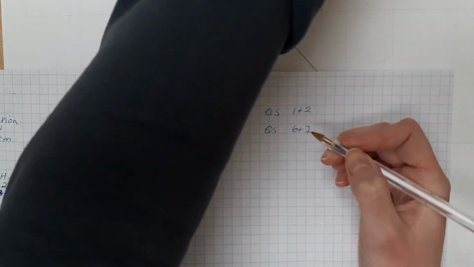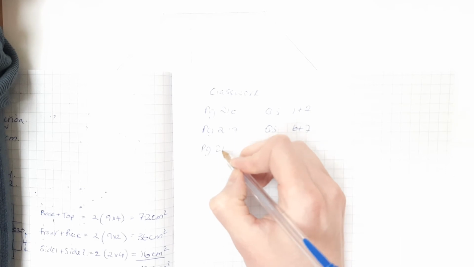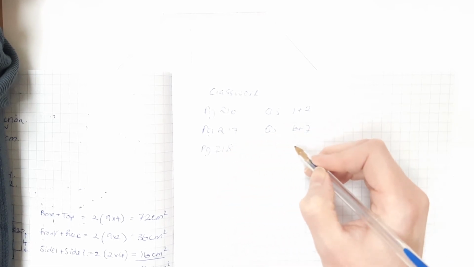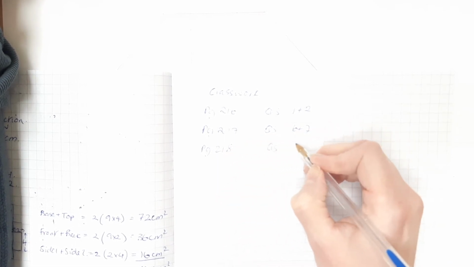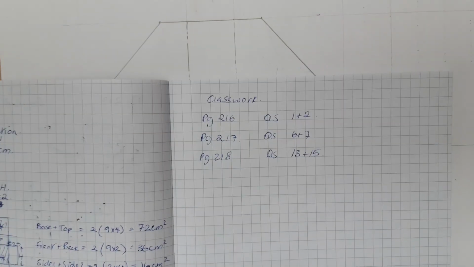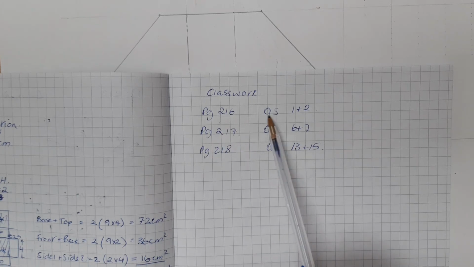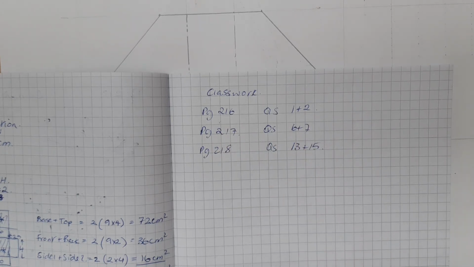And then you're going to move on and you're going to do page 218, questions 13 and 15. Okay, and that's what we hope to get through today. Okay, so just going back over that again, so it's 216 questions 1 and 2, page 217 questions 6 and 7, page 218 questions 13 and 15.